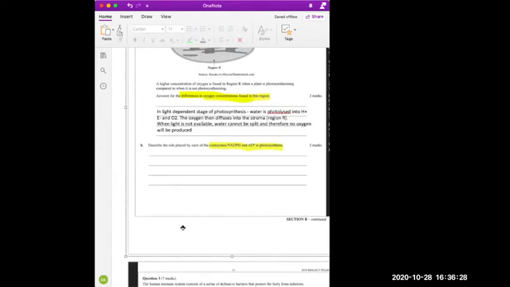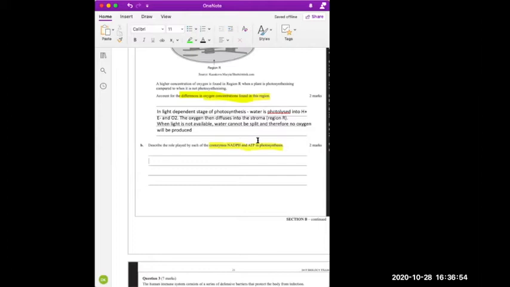Okay, describe the role played by each of the coenzymes NADPH and ATP in photosynthesis. So it seems slightly complicated. It's not. Obviously you don't need to know the biochemical pathway of NADPH or ATP. You just need to know, in relation to the Calvin cycle, what's going on. All you're seeing is NADPH and ATP being recycled, right?